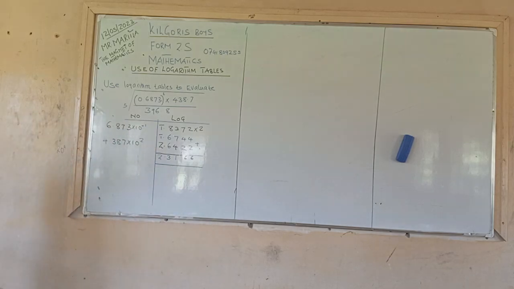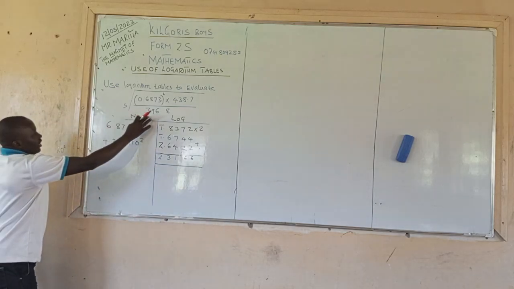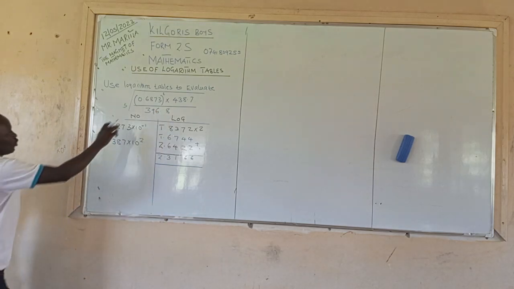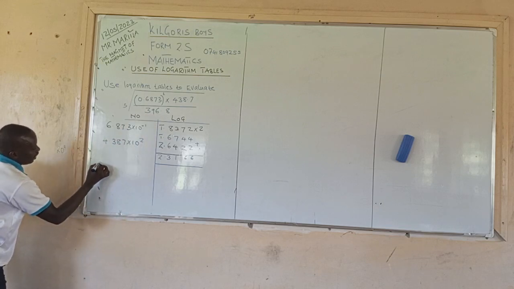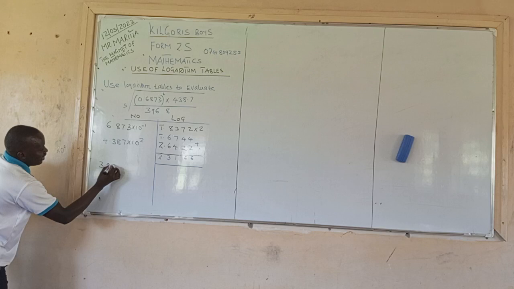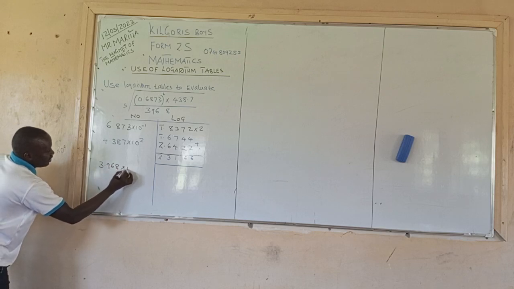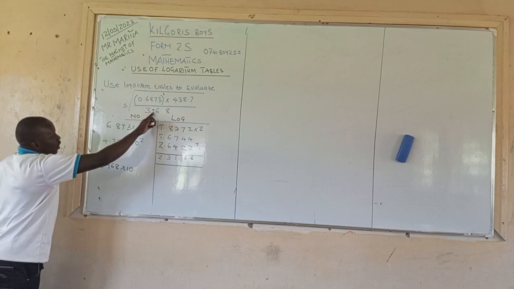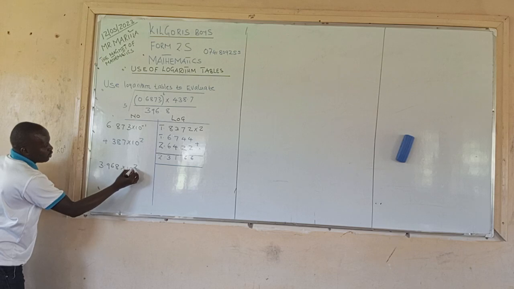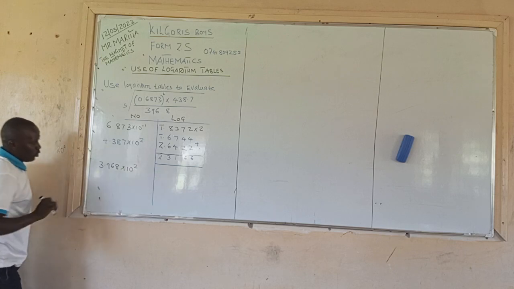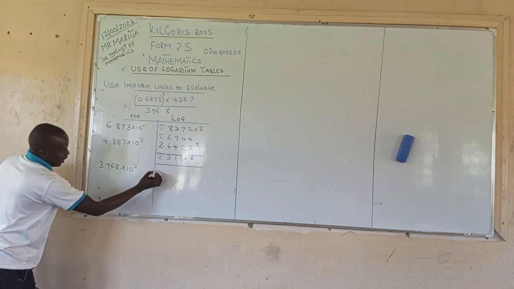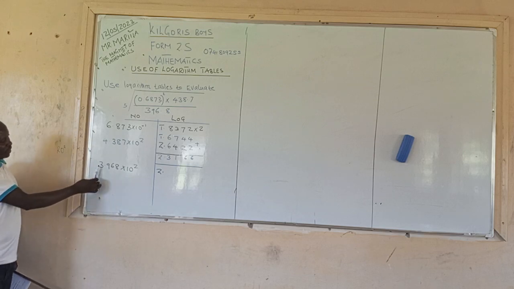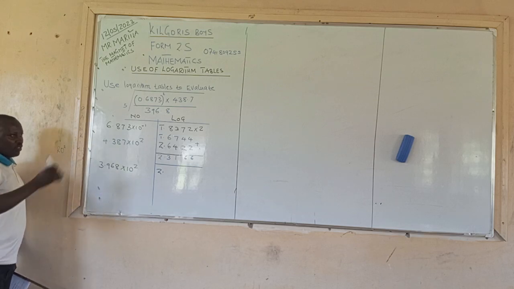We proceed, class. We have now 396.8. We write this as 3.968 times 10 raised to positive 2, so we can write this as 2 point, and then we read the logarithm of 3.968 from the table.